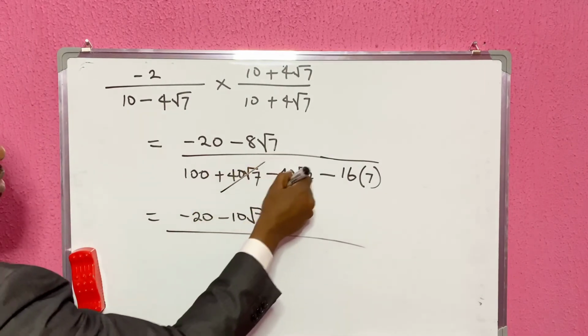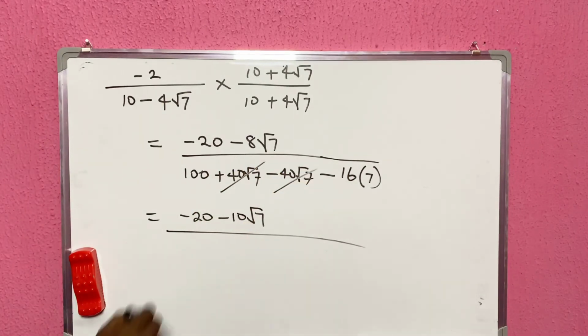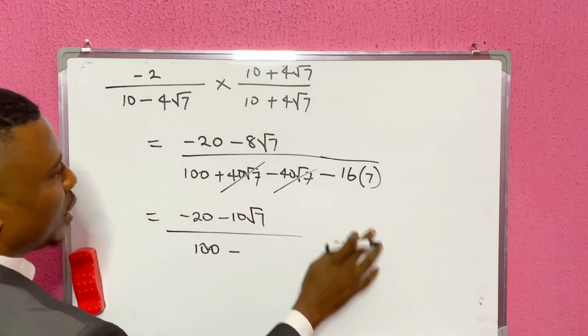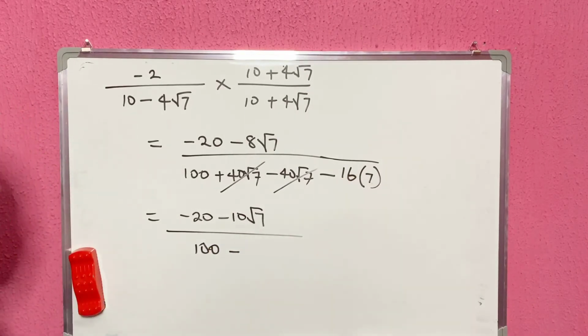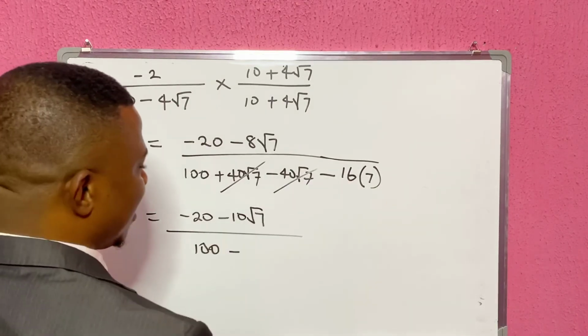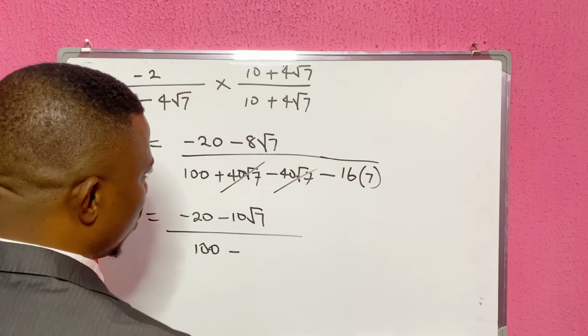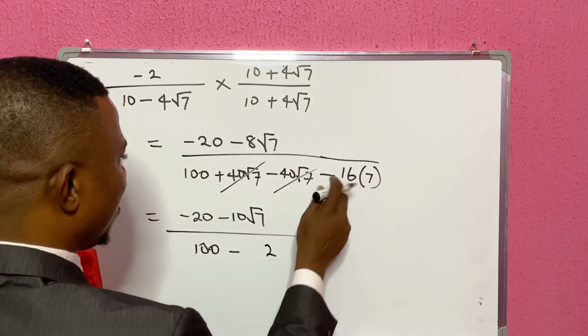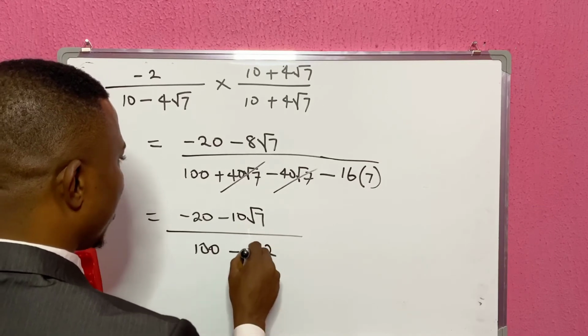This will go with this. You have 100 minus 16 times 7, which will give us what? 7 times 6 is 42. You write 2, carry 4, 7 times 1 is 7 plus 4 gives us 11.